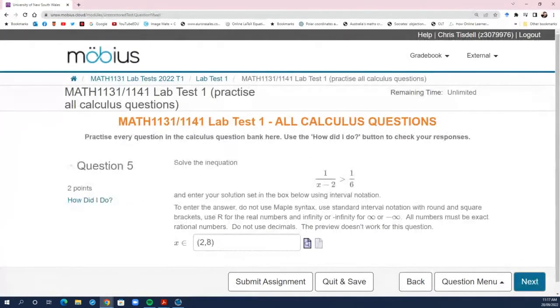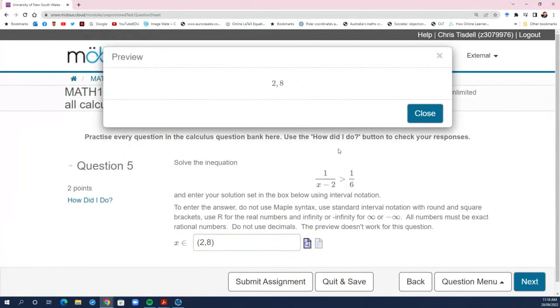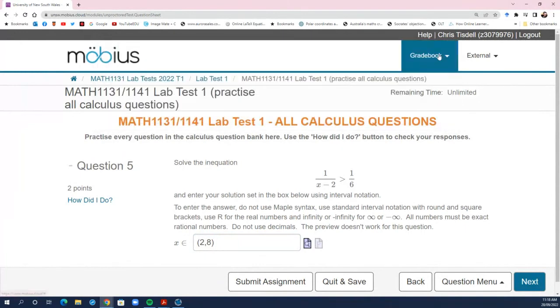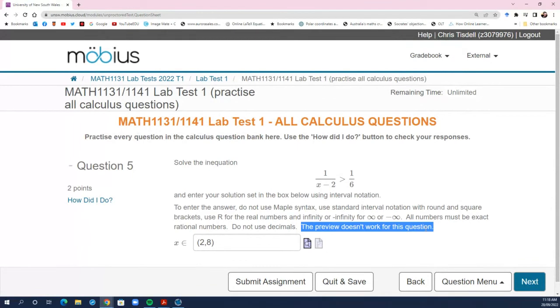And then, yep, there it is. Have a look. That doesn't look right. Let me have a look here. Okay. Oh, the preview doesn't work for this question.